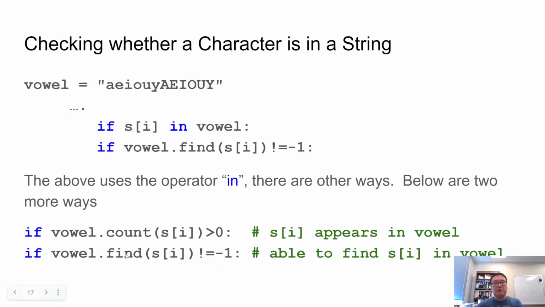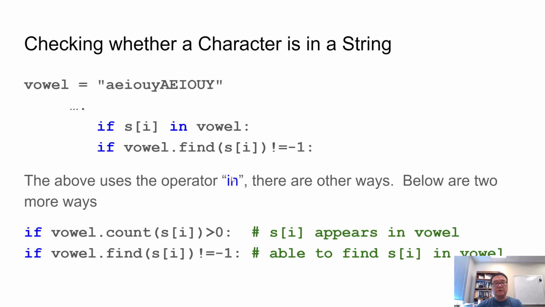We can also use this find function, which returns the index where the string appears. If it doesn't appear, this function will return -1. So by checking whether the return value of the find function is not -1, that means it appears in the string.